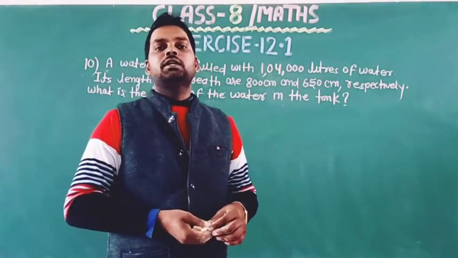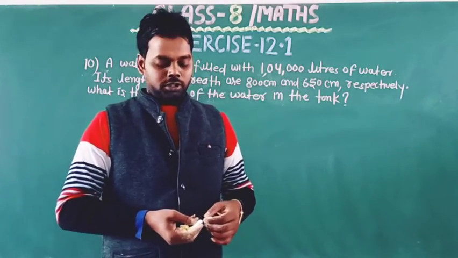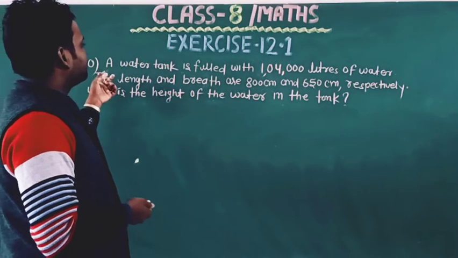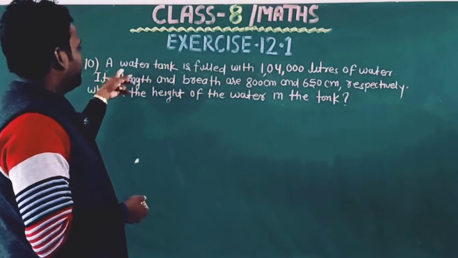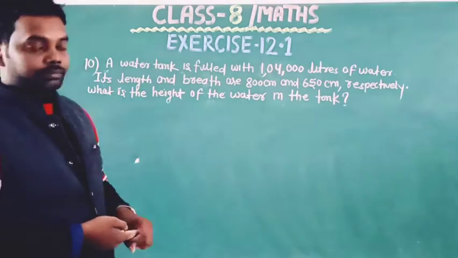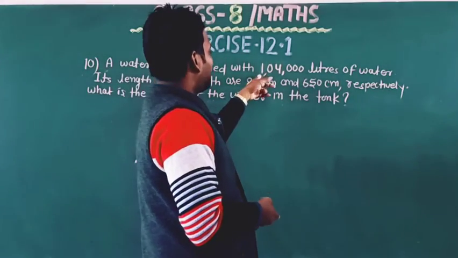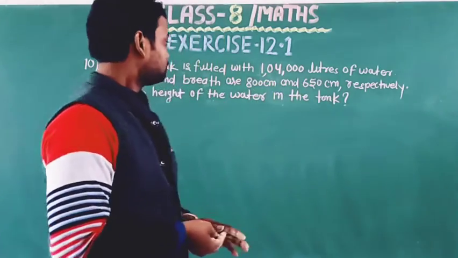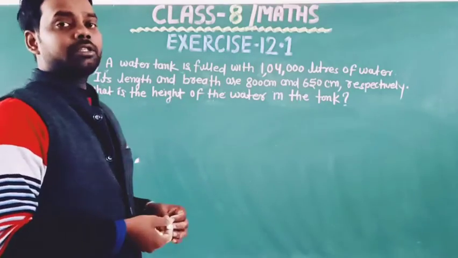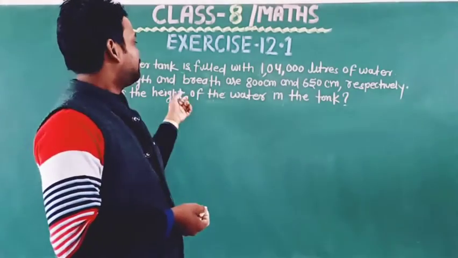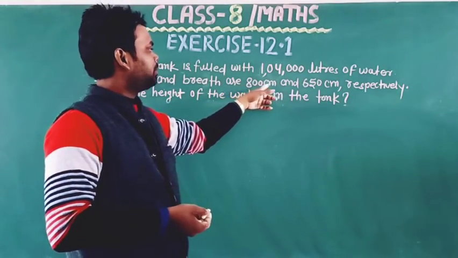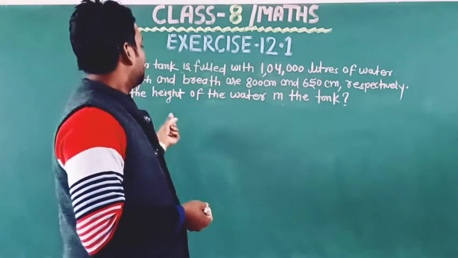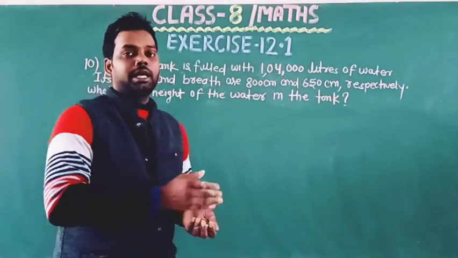Basically, dear children, in this question it has been given that a water tank is filled with 1,04,000 liters of water, and the length and breadth of the water tank are given. Length is 800 centimeter and breadth is 650 centimeter. We have to find the height of the water tank.